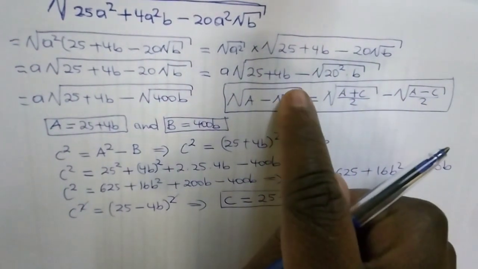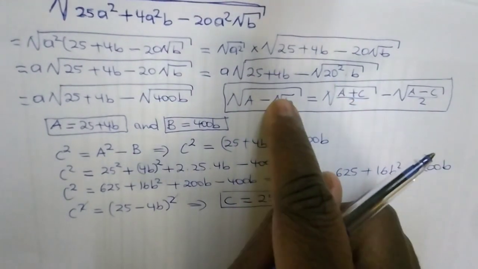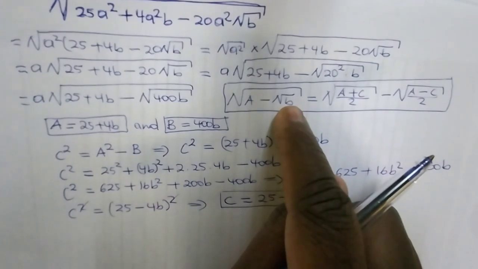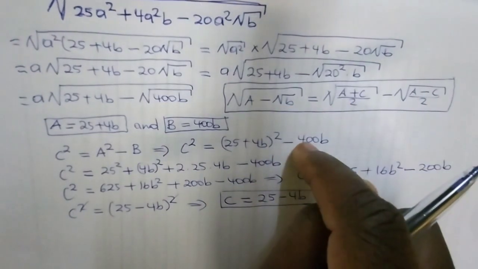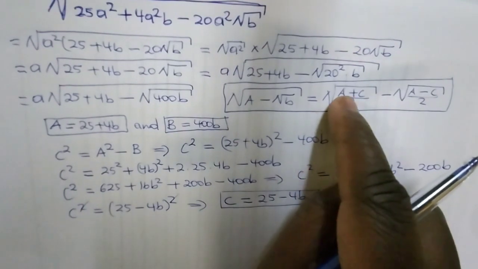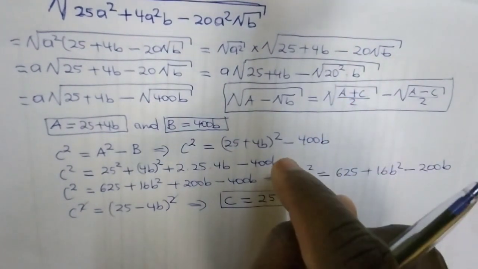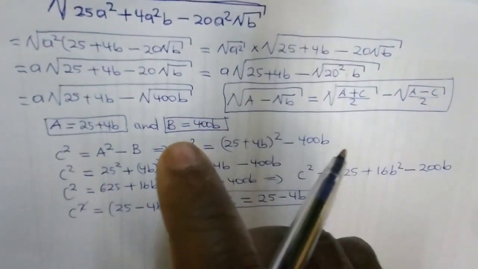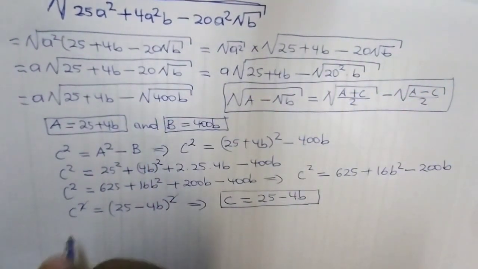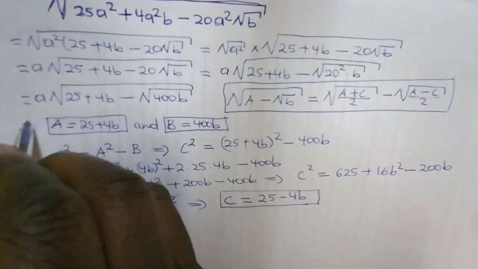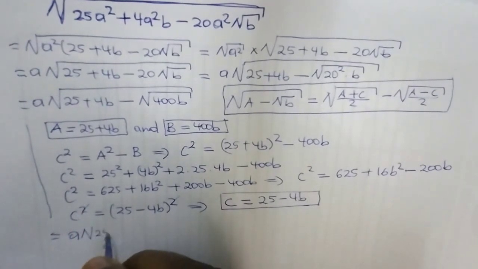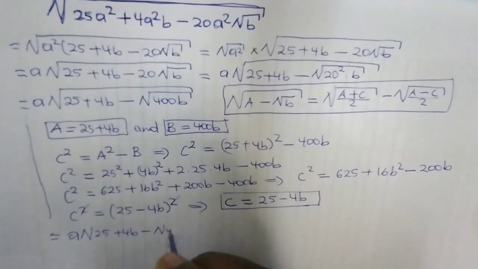Now we can go back to the transformation here. So when we're having the double radical of a minus the radical of b, this can be written as the radical of a plus c all over 2 minus the radical of a minus c all over 2. So we are going to use this expression here. Therefore, we bring a factor of 25 plus 4b minus square root of 400b.